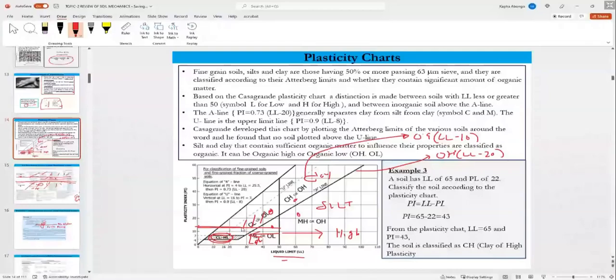Just check clearly. 31 is around here. So it comes to CL. CL right there. So it's sand and clay.